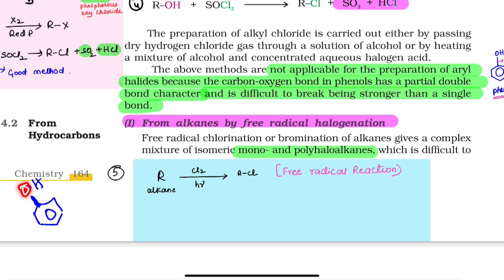This is the benzene ring, and this is phenol. This oxygen and this carbon, this bond has partial double bond character. So breaking this bond will be very difficult. Therefore this is not applicable for the preparation of aryl halide.